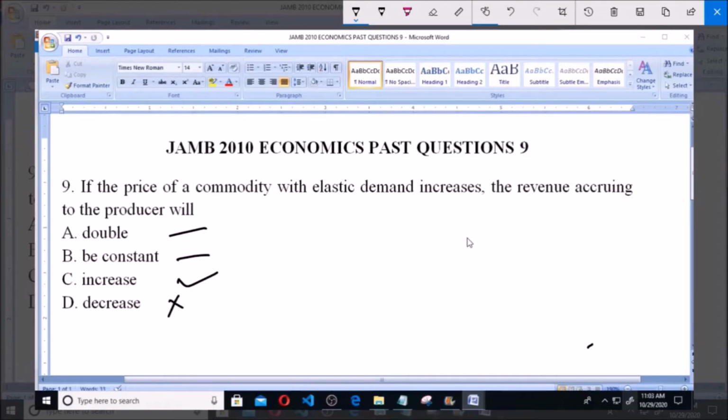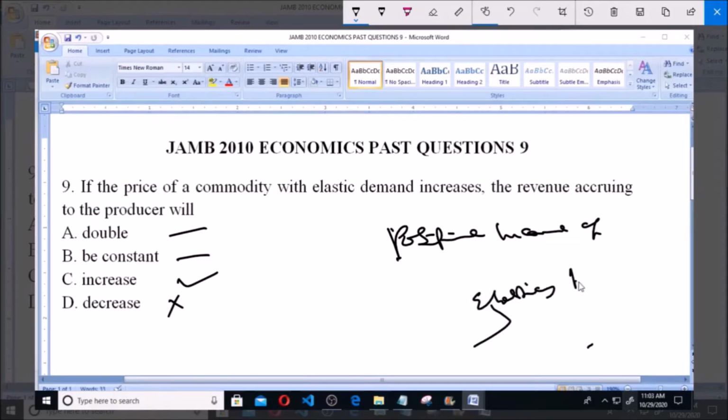The correct answer is C, increases, because this is talking about positive income elasticity, which is applicable to normal commodities or normal goods.